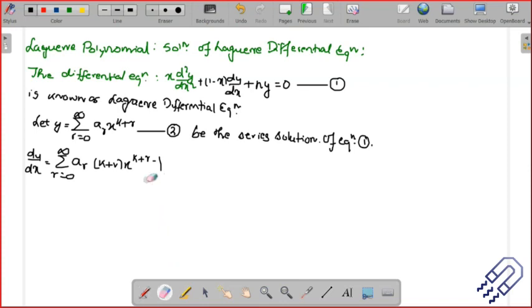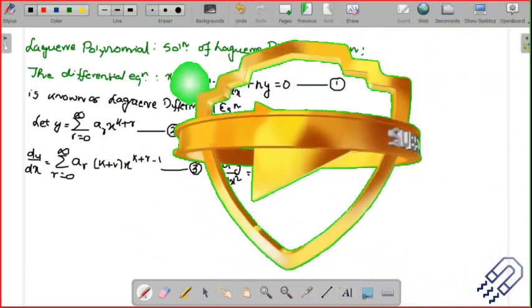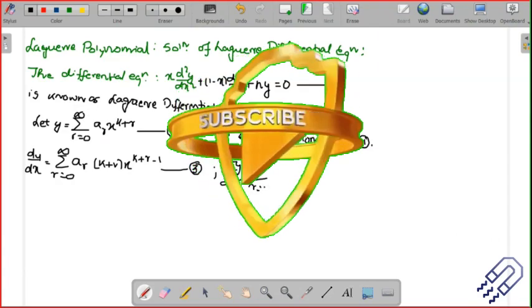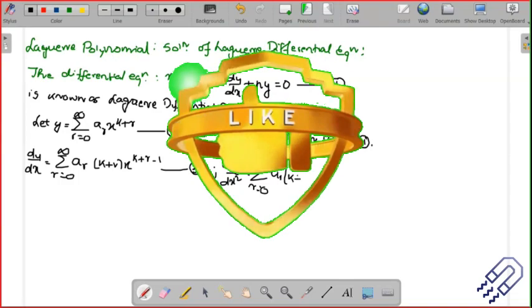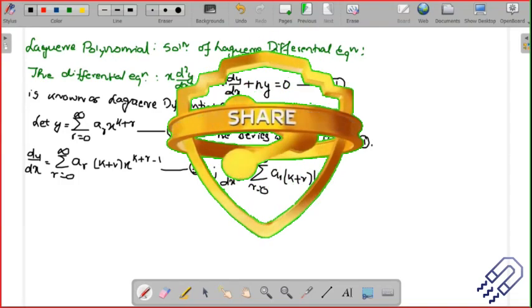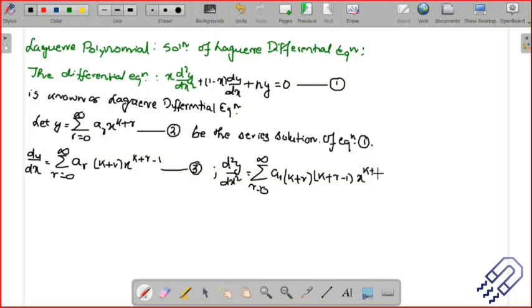So let's mark this as number 3. In a similar way we can also find out d²y/dx², and that would be summation r is equal to 0 to infinity a_r (k plus r)(k plus r minus 1) x to the power k plus r minus 2, right. If we differentiate that, we should get this. So this is 4.